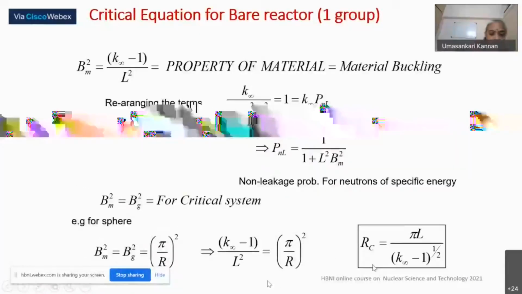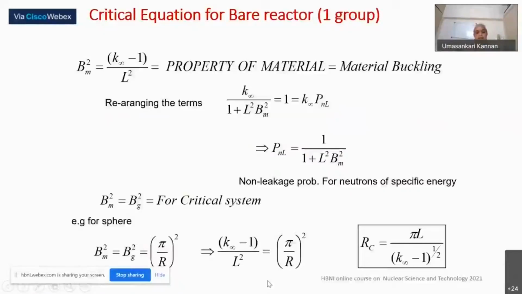If I take a geometrical representation for the flux in the finite reactor, then this B square is nothing but BG square, which is called the geometrical buckling of the system. So the condition for criticality is that the material buckling should be equal to the geometric buckling.